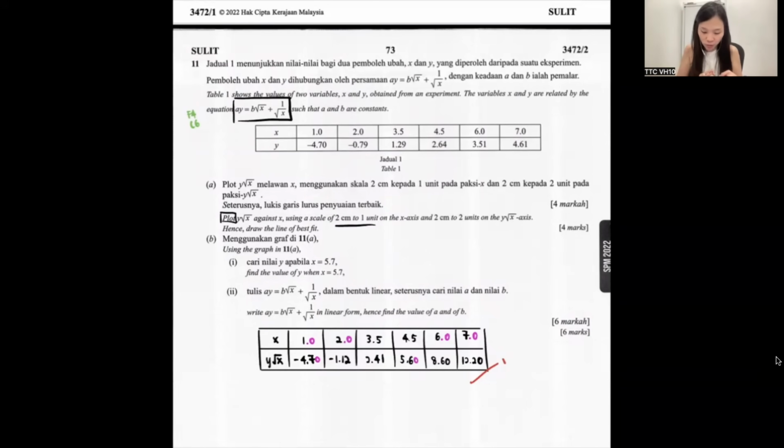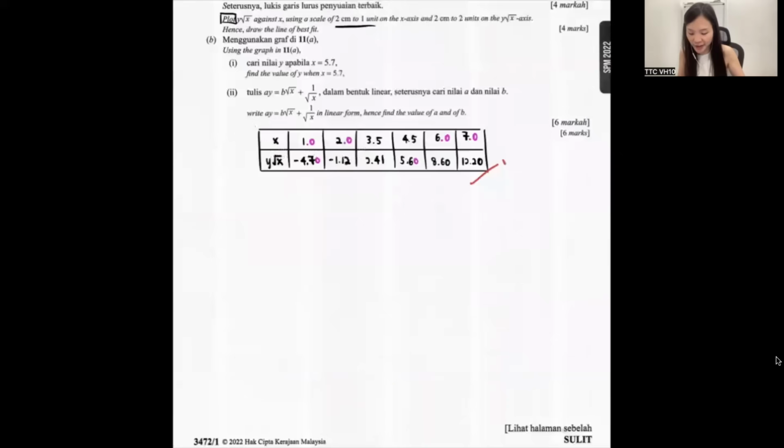Y square root x. Y square root x. Negative 1.12, correct? Y square root x. 2.41, correct? 2.64 square root 4.5. 5.6, correct? 3.51 square root 6. 8.6, correct? 4.61 square root 7. 12.2, all correct.